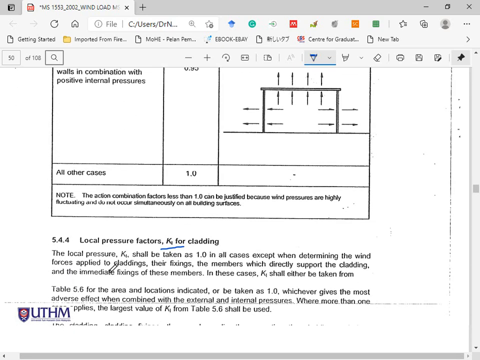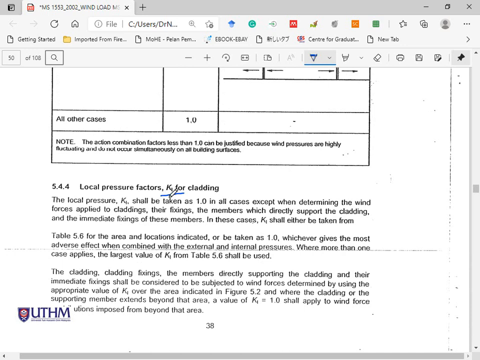Next is the local pressure factor K1 for cladding. We need to consider also the cladding in the wind pressure. The local pressure K1 shall be taken as 1 in all cases except when determining the wind forces applied to cladding, the fixing and the member which directly supports the cladding, and the immediate framing of this member.